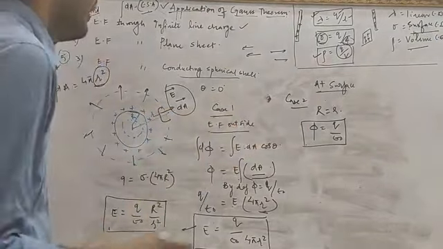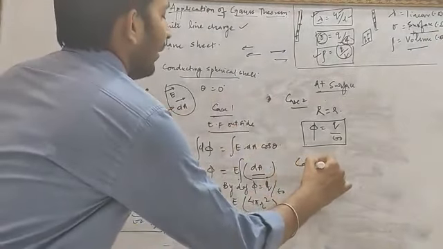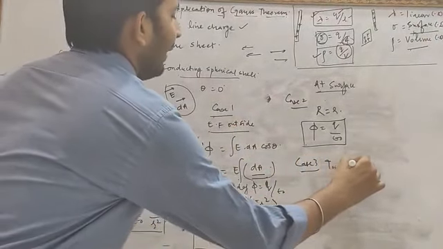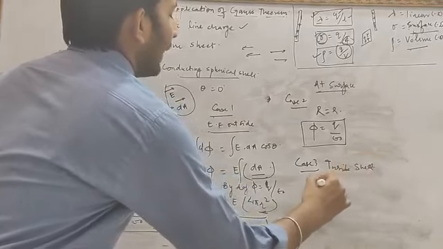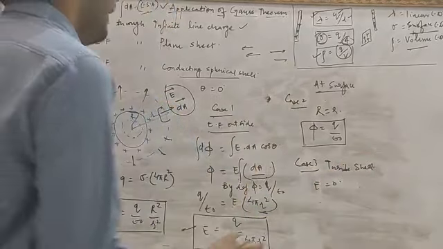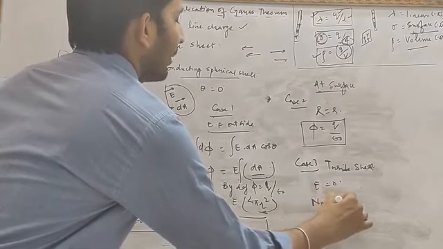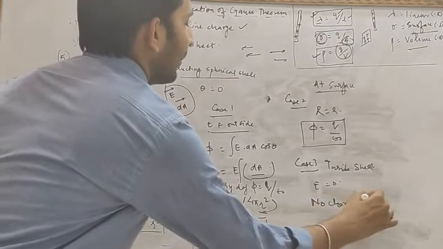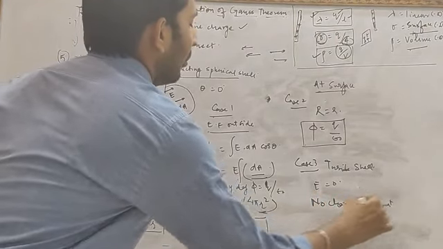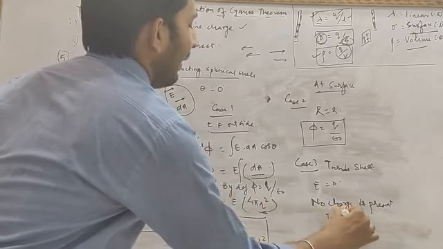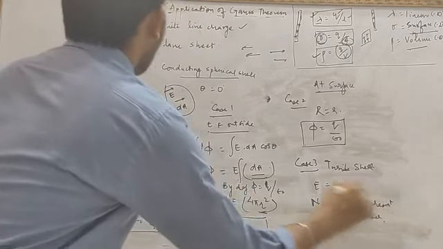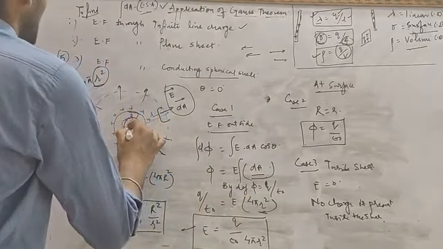Case 3, inside the shell, the electric field will be 0. Why? Because no charge is present inside the shell, which means in this region the electric field will be 0.